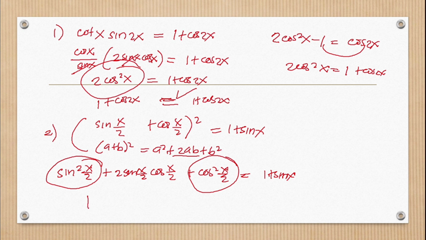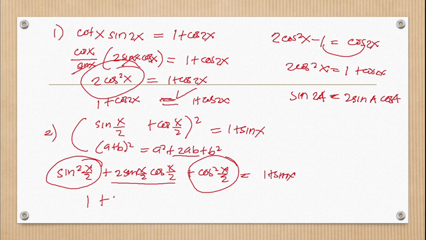So sine squared x over 2 and cosine squared x over 2 is equal to 1 by the identities, plus 2 sine x over 2 and cosine x over 2, that is equal to sine 2a is equal to 2 sine a cos a.